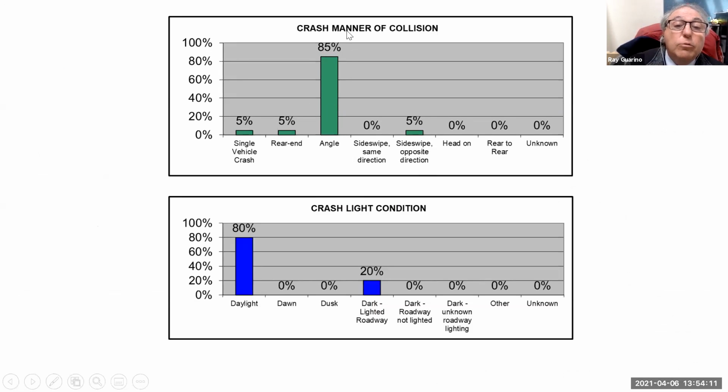Again, angle type crashes, 85%. Lighting doesn't seem to be a problem, daylight, but there were 20% during dark lighted roadway.